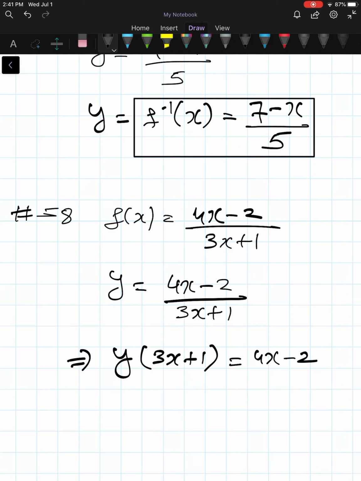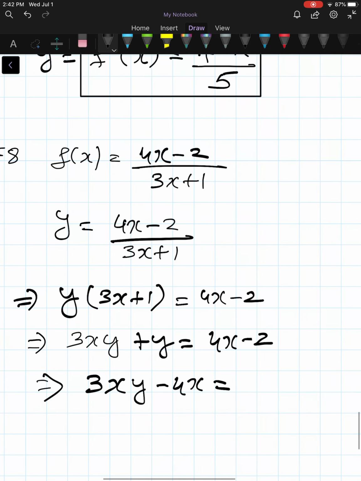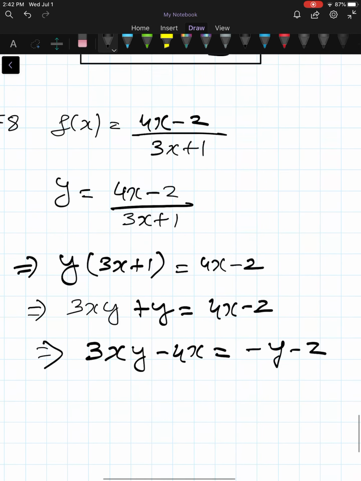Okay, so this implies 3xy, distributing y inside the polynomial 3x plus 1, we get 3xy plus y is equal to 4x minus 2. So bring all the terms with x towards one side. That we will get as 3xy minus 4x is equal to minus y minus 2, correct?